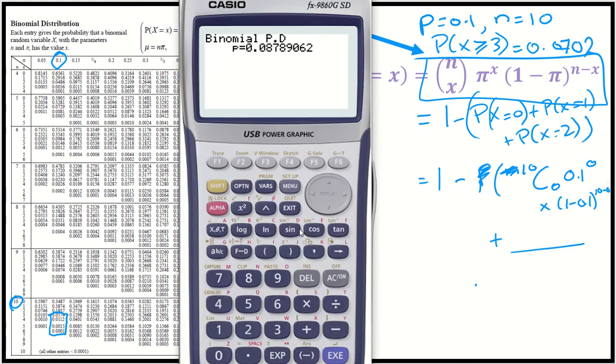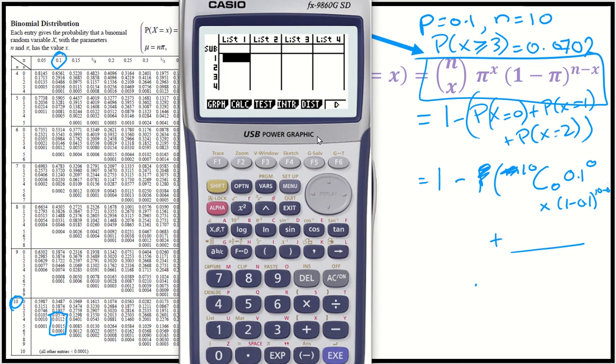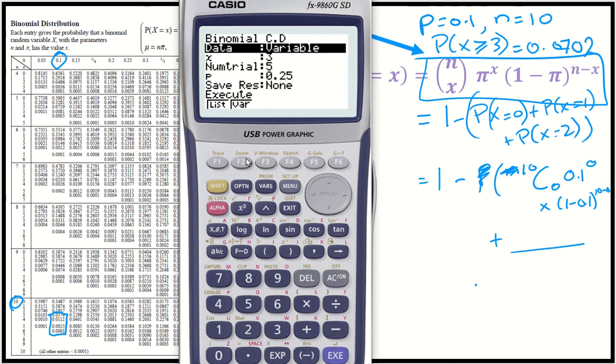So let's go to our calculator. Let me jump back out to here. That was with BPD, so that was an individual one. But remember I said there's the cumulative one as well. Let's have a look at that. If I go distributions, then binomial, F5, this time I'm going to choose BCD, the cumulative.